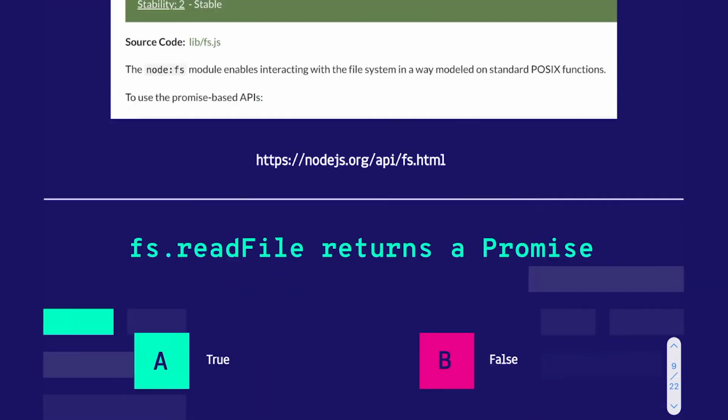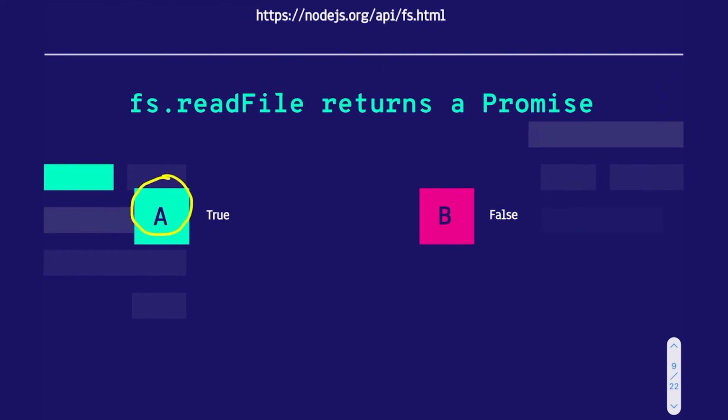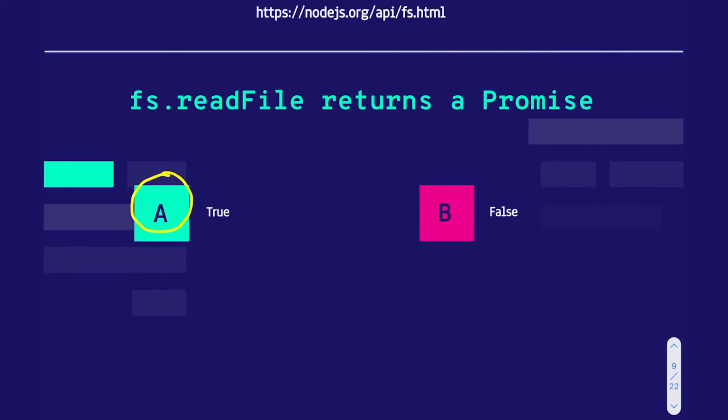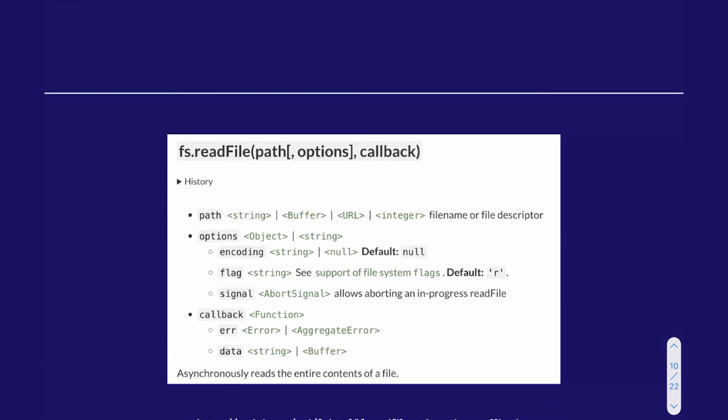All right, next question. fs.readFile returns a promise. A, true, B, false. The correct answer here is true. So if you go to the node.js docs, you'll see that fs.readFile asynchronously reads the entire contents of the file. Anytime you see that word, asynchronously, I keep pronouncing it both ways, I don't know.